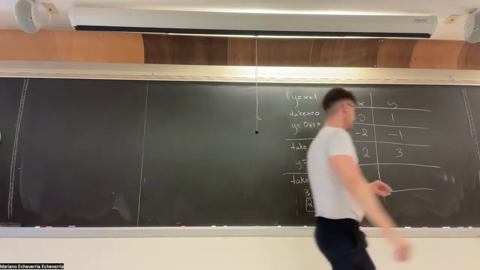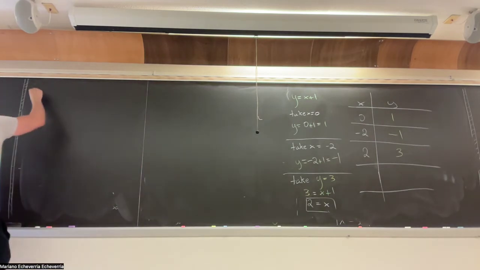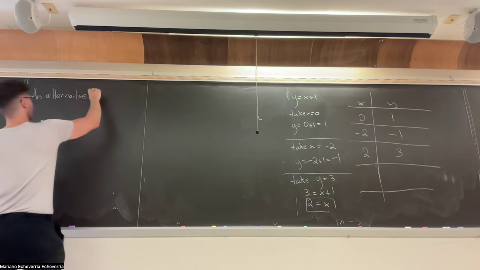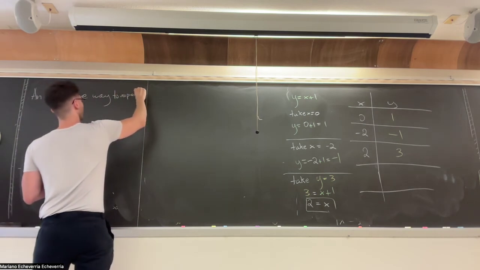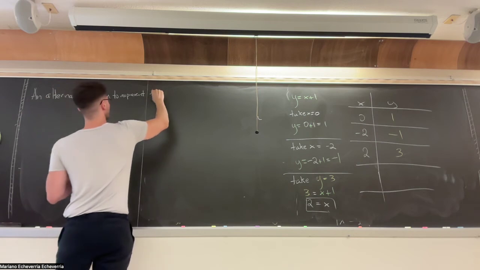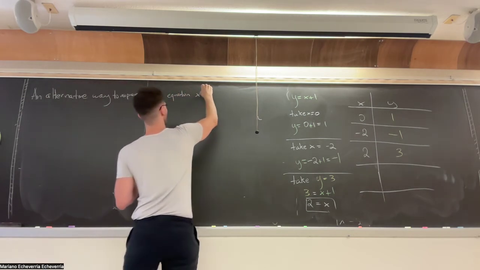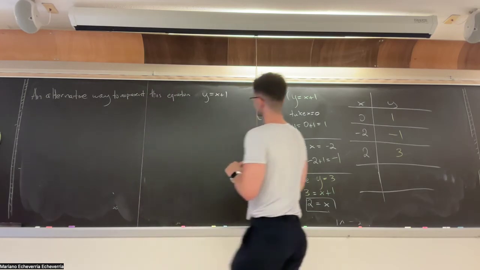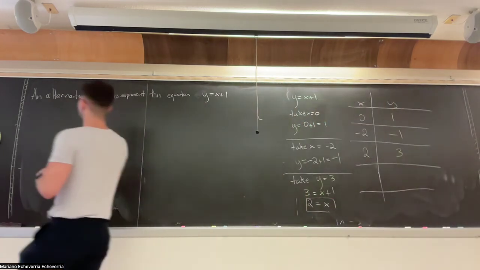So an alternative way to represent this equation y equals x plus 1 is by drawing what's called the Cartesian plane.